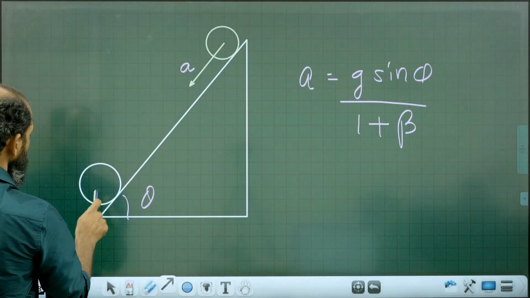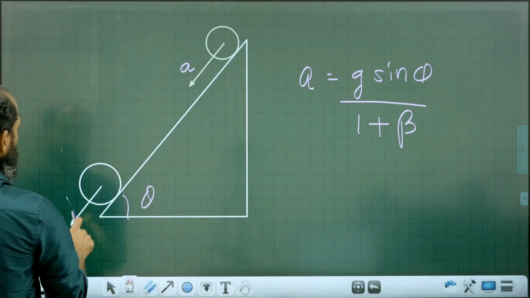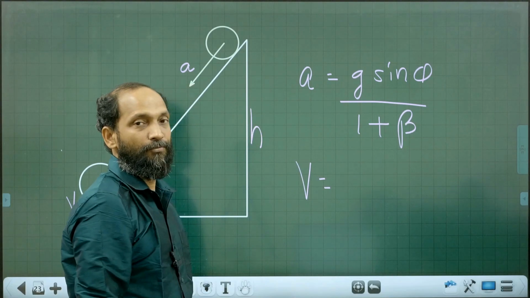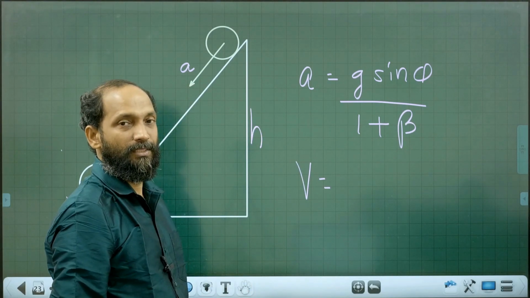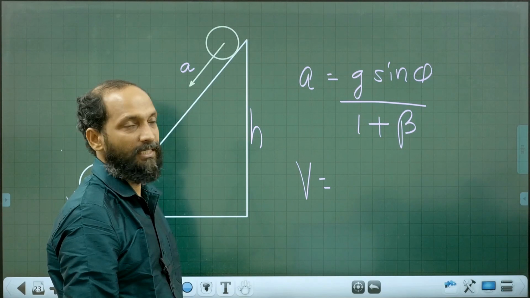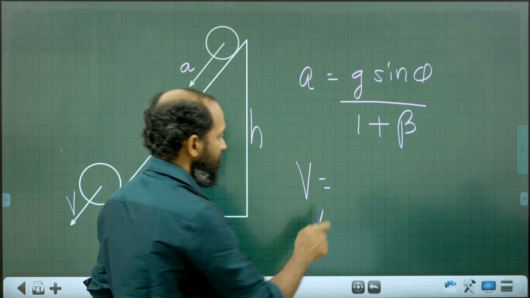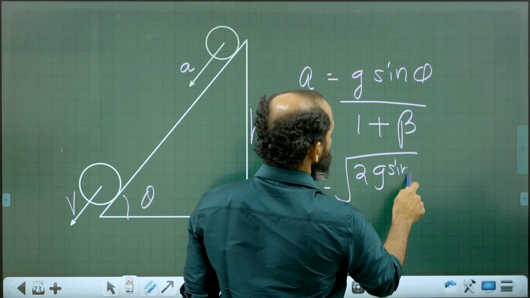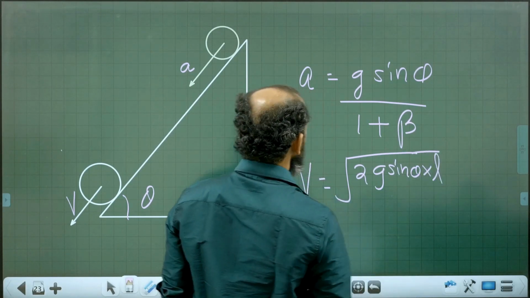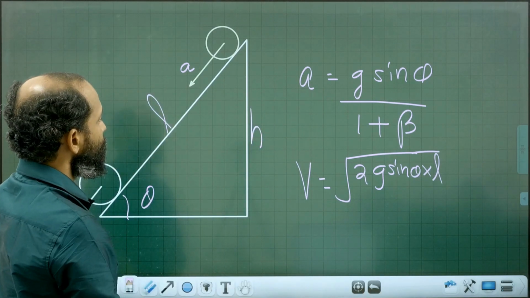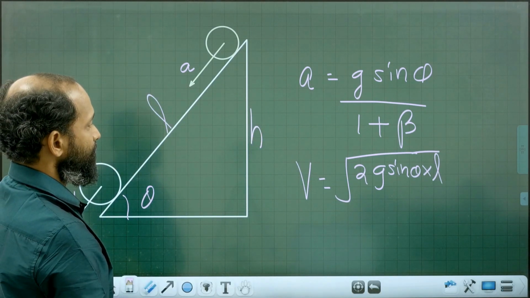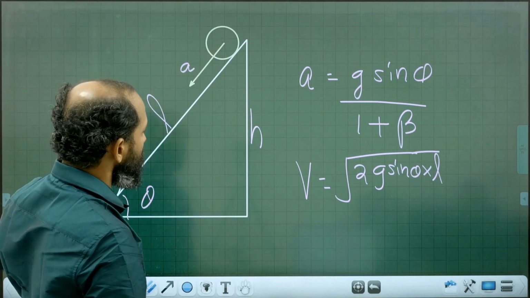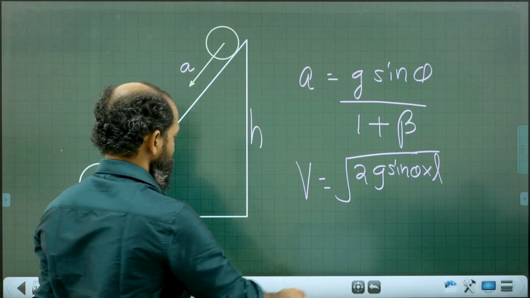When it reaches the bottom from height h, the velocity gained, if it is sliding without friction and not rolling, is V equal to root of 2g sin theta into L, where L is the length. But as it is rolling down, it should not be this.